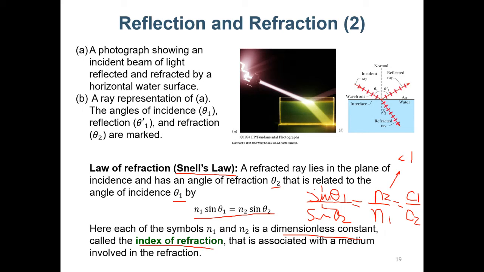So if sin theta 1 is equal to N2 over N1, then this term will become 1, and this is 90 degrees.